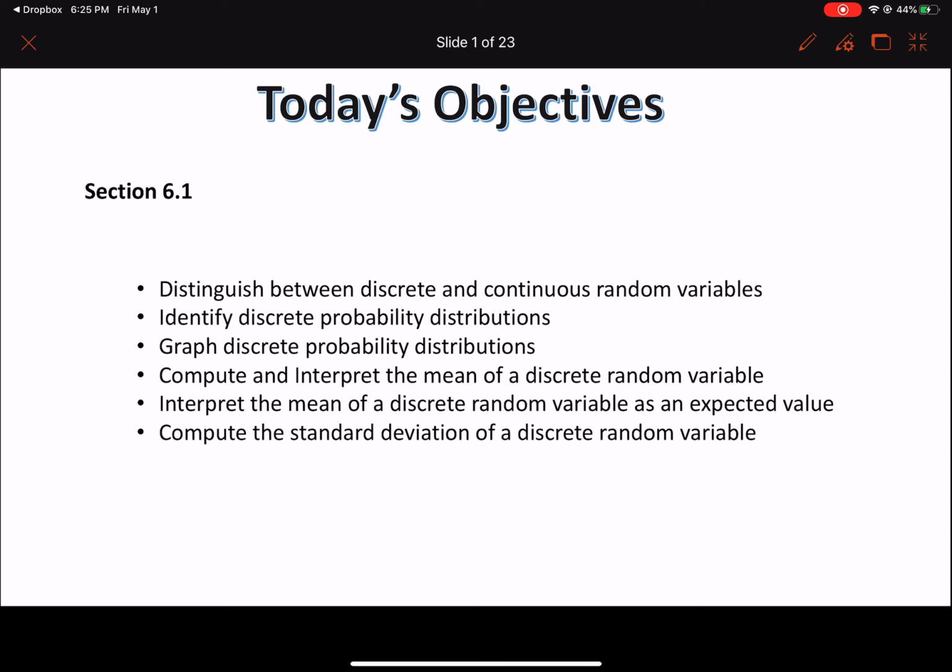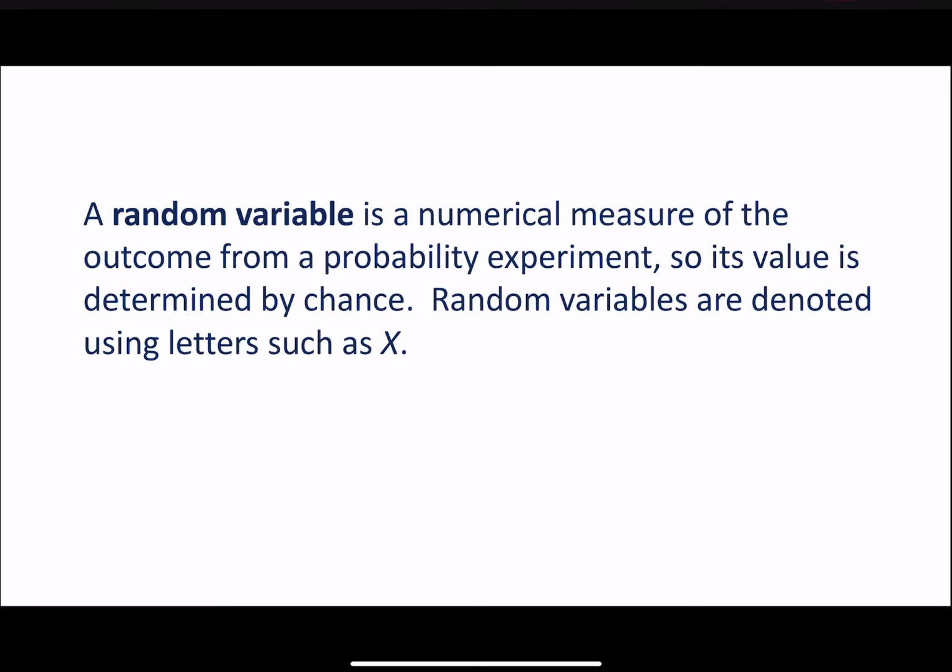I'll point those out when I can, because it's really going to depend when you get to the test. You're going to have to look for certain words and think, oh okay, this is a discrete random variable, so this is how I calculate the mean. So there's going to be several different things you're going to learn, with different ways to calculate the mean and the standard deviation. So let's just jump into it.